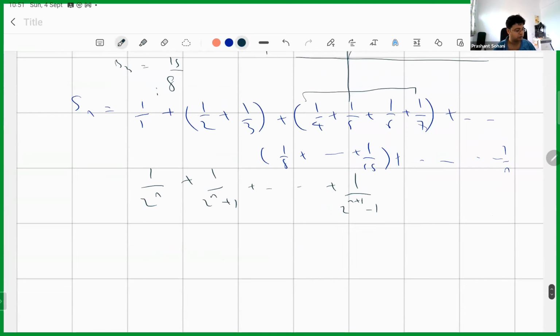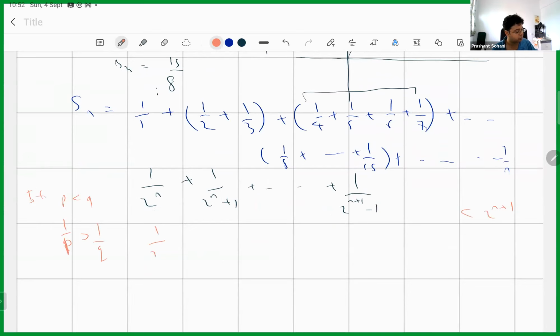Okay. So term by term, if you compare each term over here, I think we all know that if p is less than q, then the reciprocal is reversed: 1 upon p is greater than 1 upon q. So in that way, each of these terms, the denominators are all less than 2 raised to n plus 1.